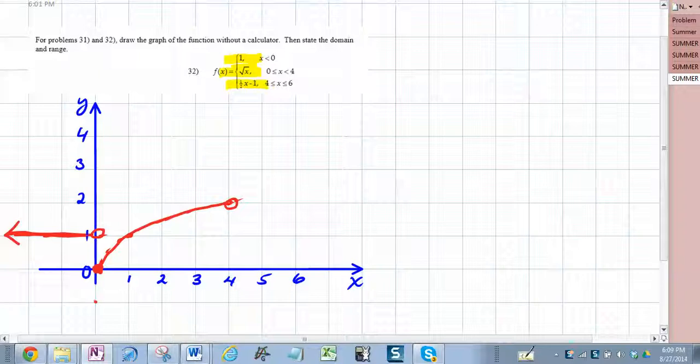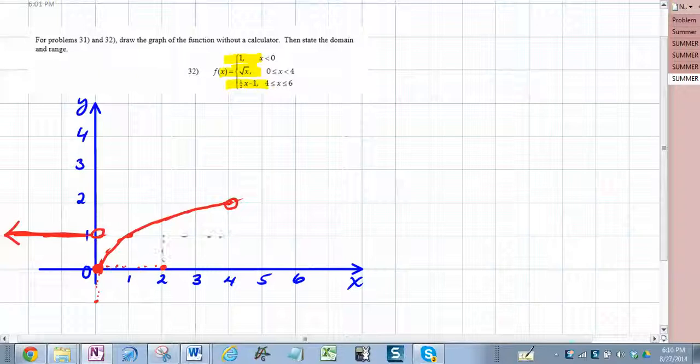And it has a slope of a half, which means what? Rise over run. 1 over 2 means a rise of 1, and the run is 2, so the next point it will go through would be here, 2, 0.